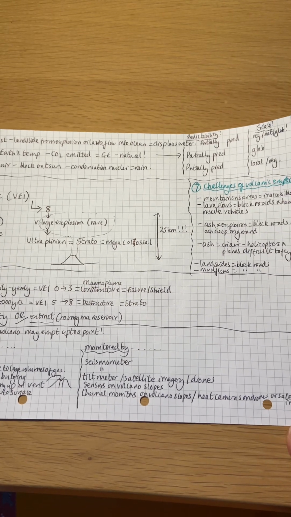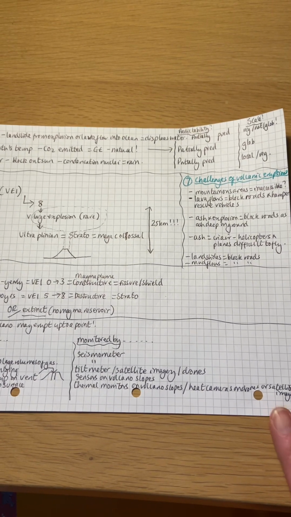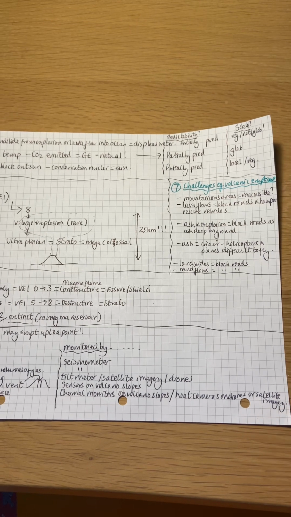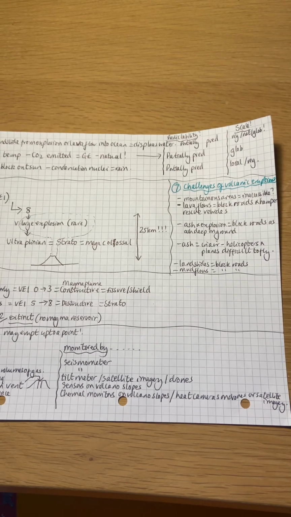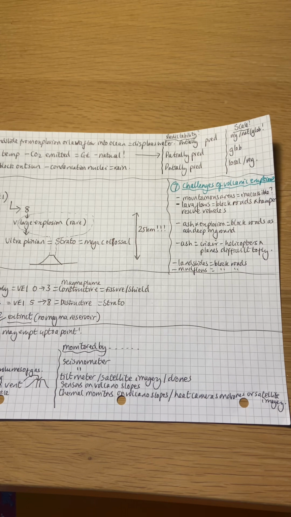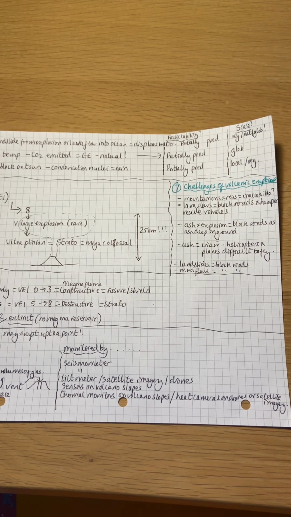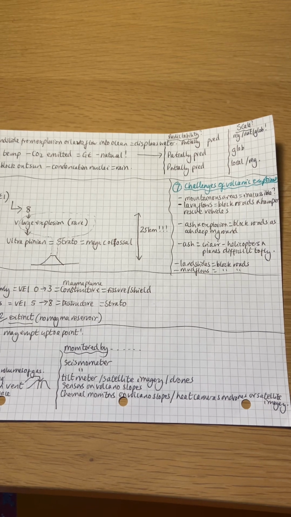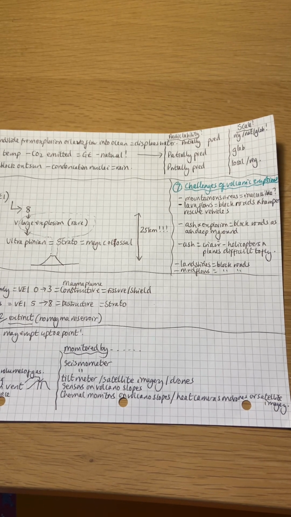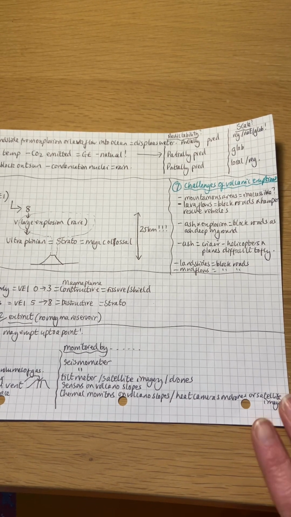How do you monitor that? Thermal monitors, again on the volcanic slopes, or heat cameras fitted to drones or satellite imagery that picks up these heat spots. So that's why it's slightly predictable, because these things may be happening months, maybe even years before a particularly large eruption.